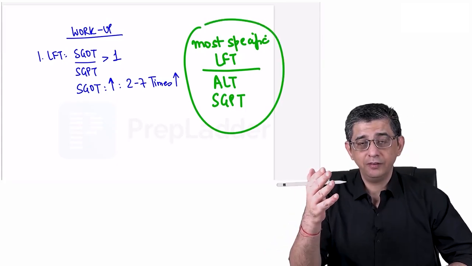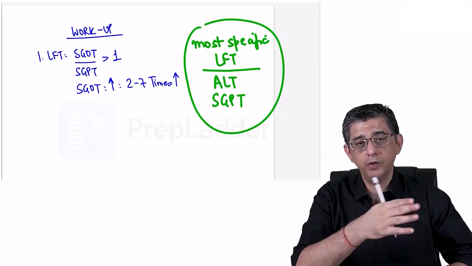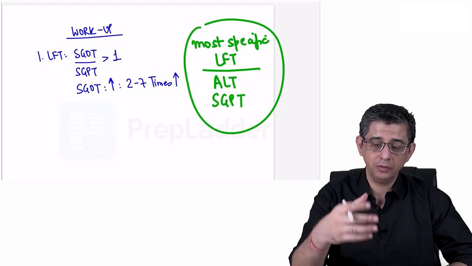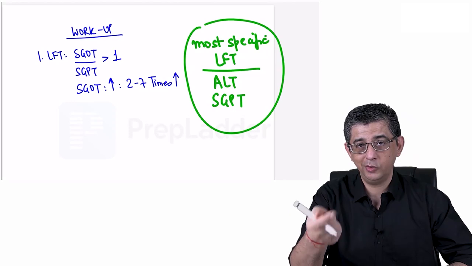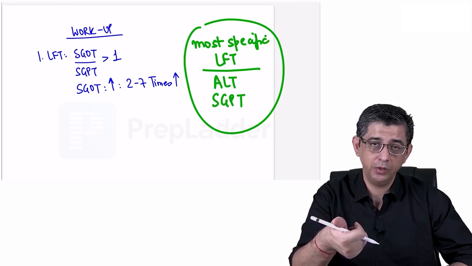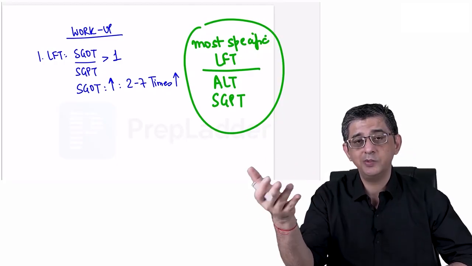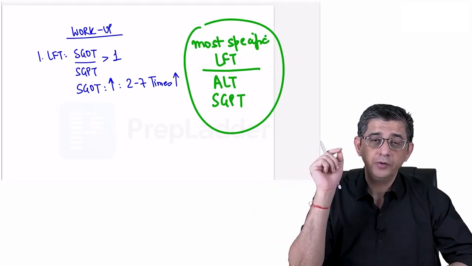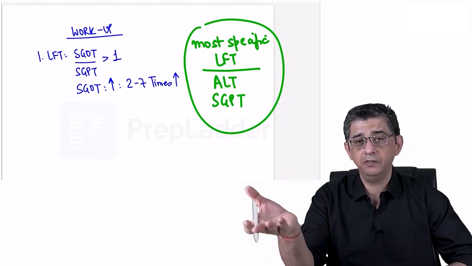Why is it that for alcohol you are answering SGOT? Not because the O alphabet is common between SGOT and alcohol, but because of the location per se. You see, SGOT is present in the mitochondria of the hepatocyte, and that is where the alcohol is getting metabolized. That's where the enzyme called dehydrogenase would also be present. Whereas SGPT is present in the cytoplasm. So if you're having a cytopathic effect, if the hepatocyte is bursting, obviously SGPT values will increase.